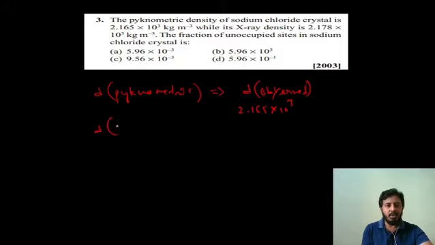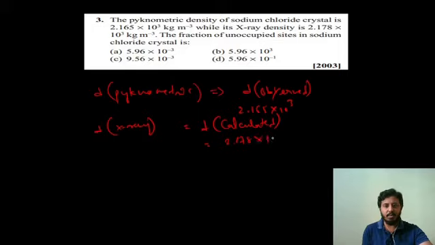Similarly, they have also given the X-ray density, which is the calculated density. The value of calculated density is 2.178 into 10 power 3 kg per meter cube. By observing these two values, we come to know that the density decreases.